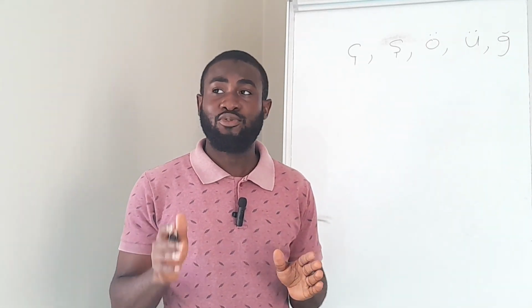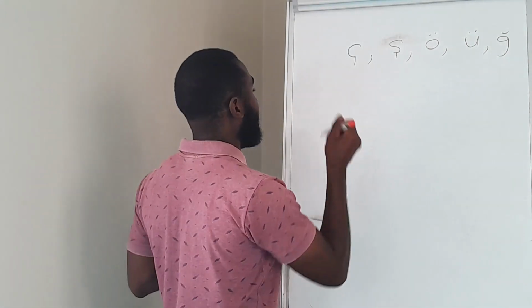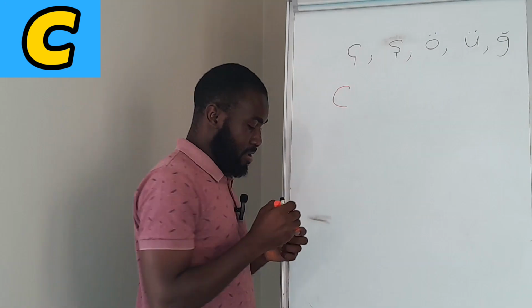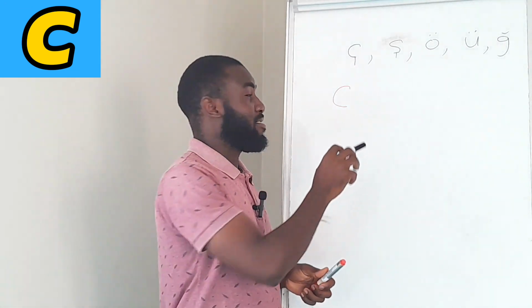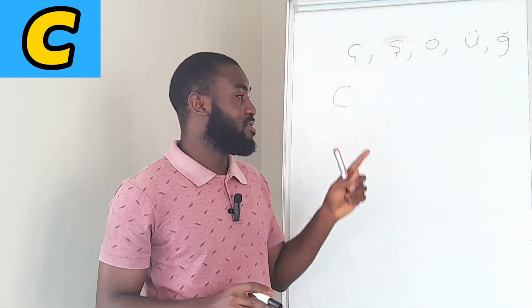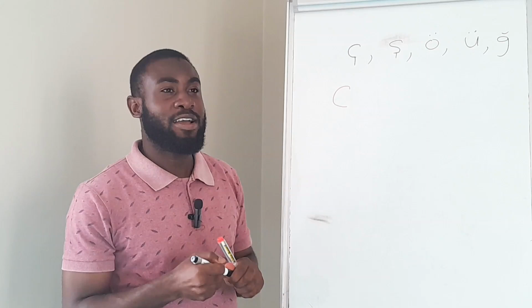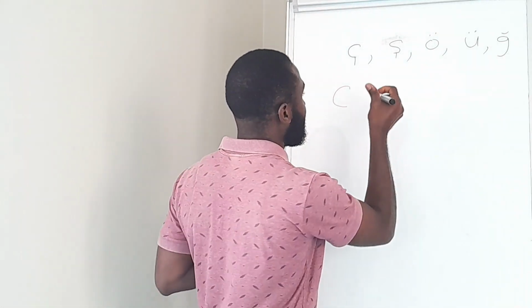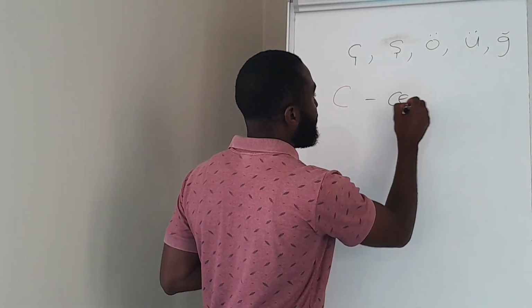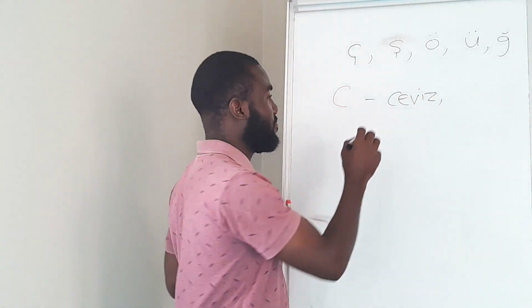Let's take for instance this letter, which is called J in Turkish. For instance, we have Ceviz, Ceviz.